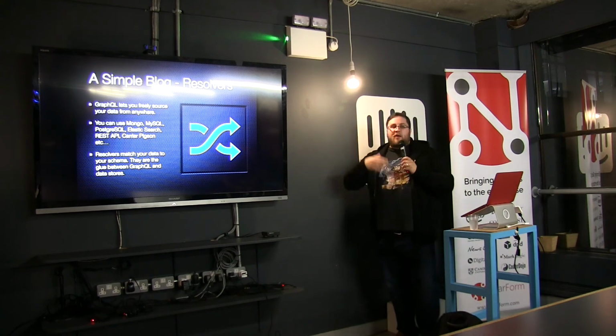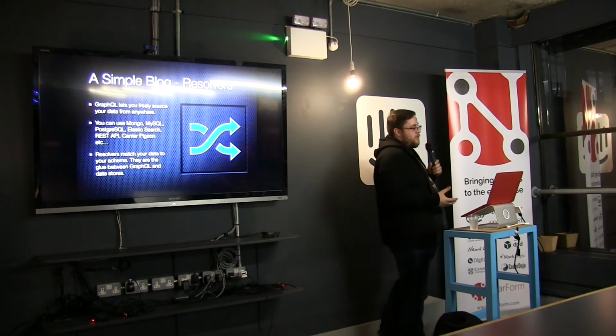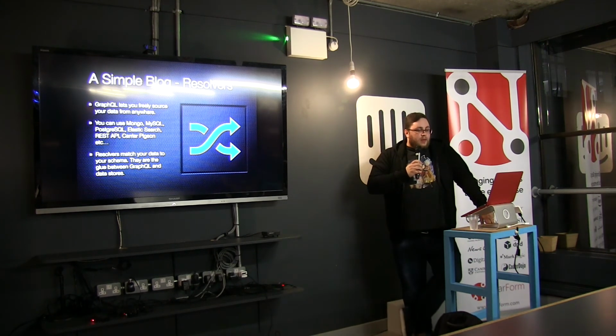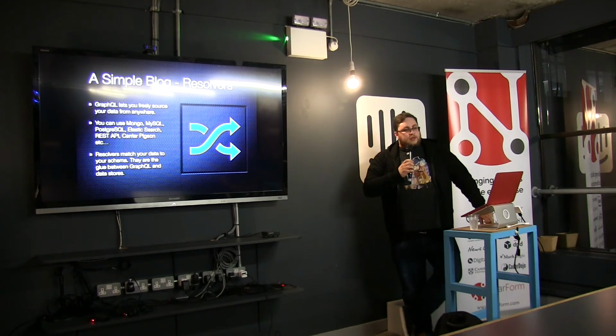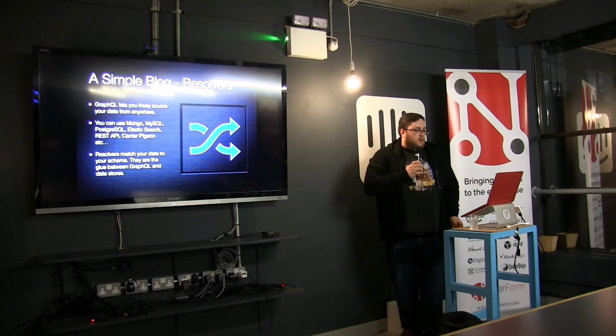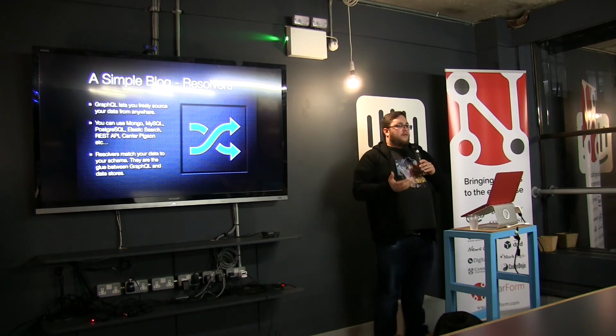So if we define a type for all of the objects that are going to be used in our API, that's great, but we need some way to map our data to these types, and that's where resolvers come in. GraphQL is pretty powerful in that it lets you source your data from anywhere.